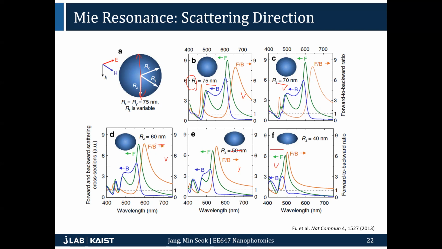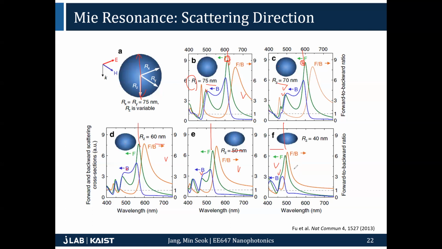And as you can see, as you squeeze the nanoparticle, the electric resonance position changes, but not too much, right? But the magnetic resonance position goes 620, 580, 550, and so on, almost 500.